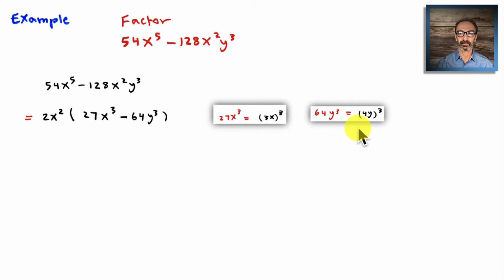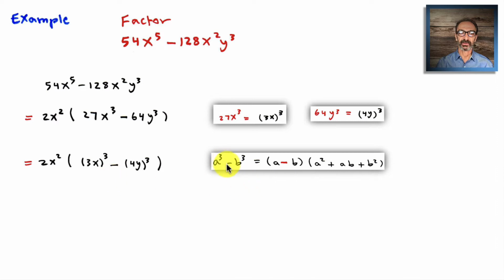So with that, we are looking at it as a difference of 2 cubes, these 2 terms. The formula, I'll take it back to you right here to show you. So the minus shows up front: a minus b times a squared plus ab, you multiply a and b, then you square b, and that's how you do it.